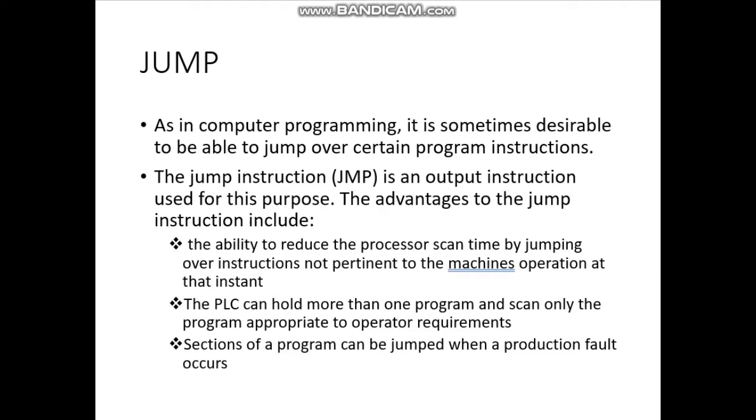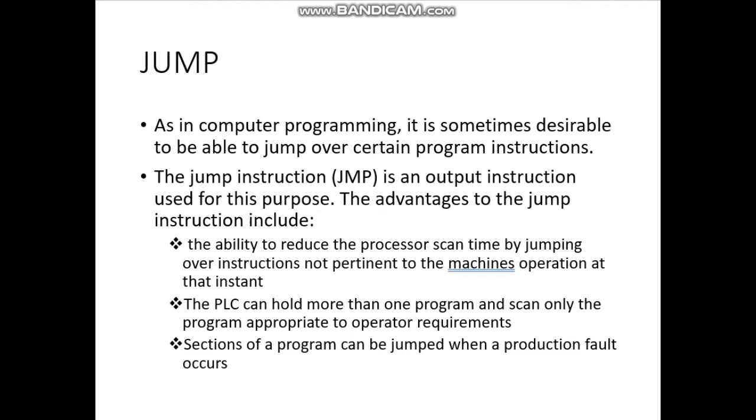So the advantage is that obviously you want to reduce the scan time, and with the jump you can hold more than one program and scan only the program that is appropriate for the operator requirements, and sections of the program can be jumped when production faults occur.